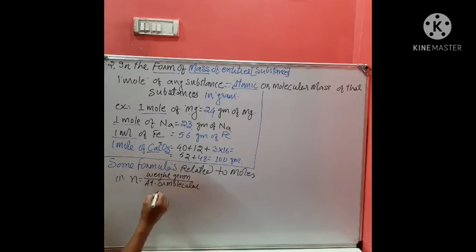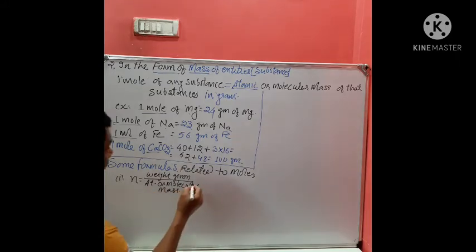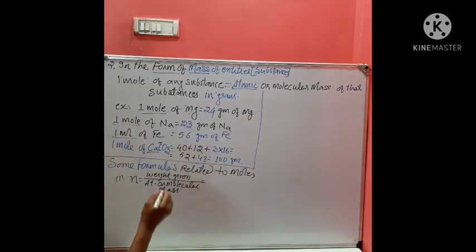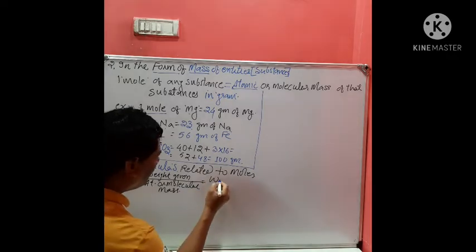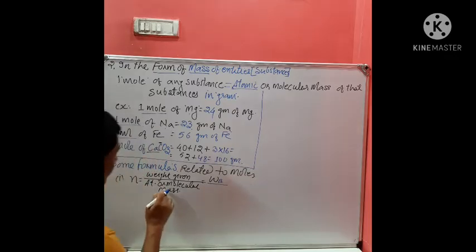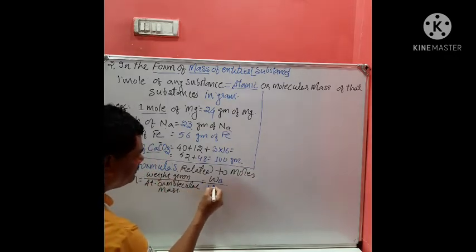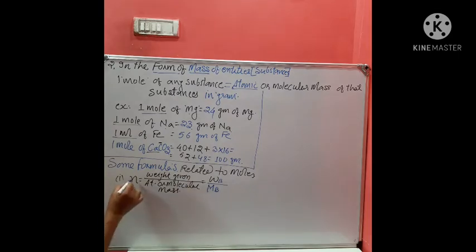So weight given is denoted by W and B upon molecular mass of that substance, which you can write as M and B, and this is n. So this becomes one of the formulas. Okay, second one.